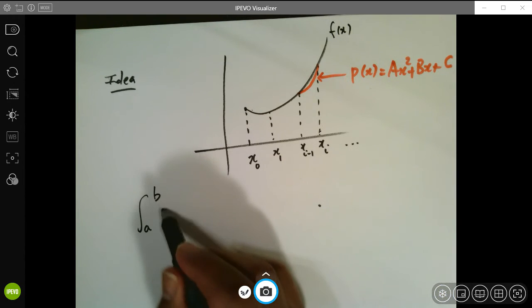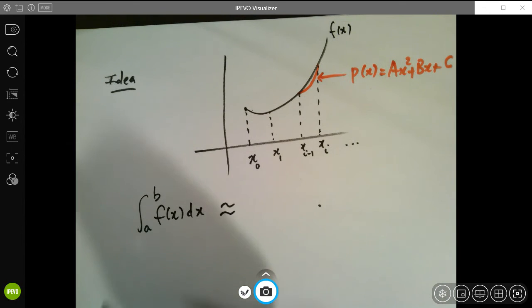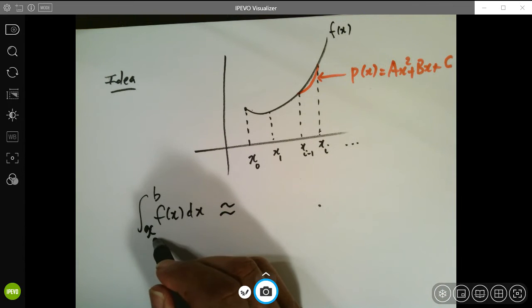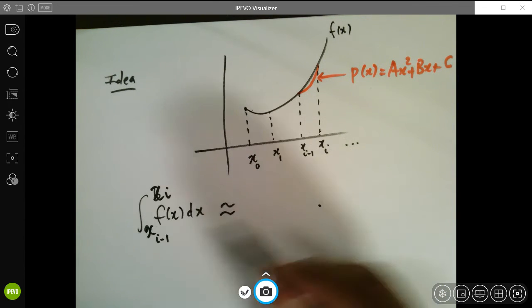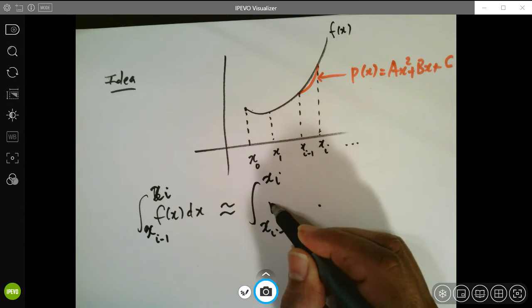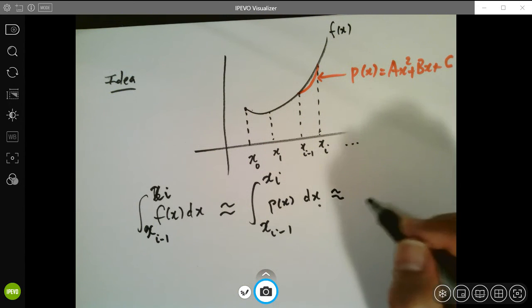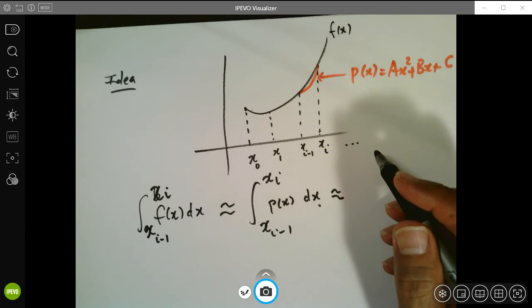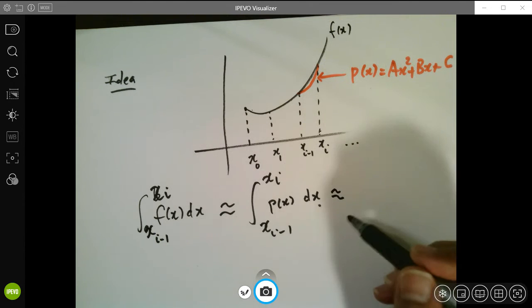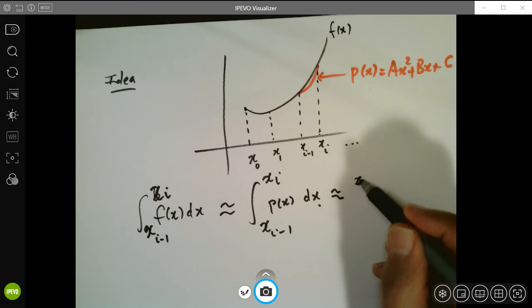So the area from a to b of f of x dx is actually, over xi minus 1 to xi, the same as the formula given before. Let me write it here.